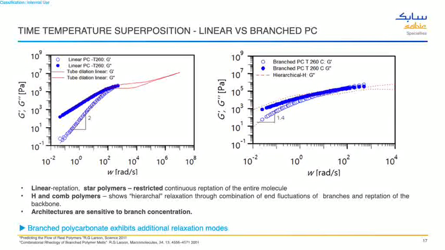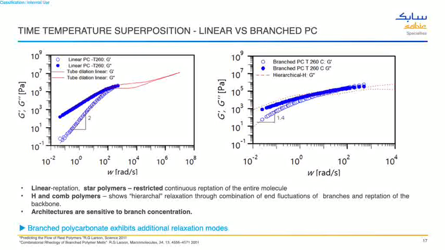But the point I'm trying to make here is that the linear material behaves like this. The branched material does not want to behave like linear material, because you see the crossover point is uniquely different for a given frequency. That means the slope also varies. That means that when you go beyond linear, to star polymer, HO, the architecture does affect your so-called material relaxation in time.